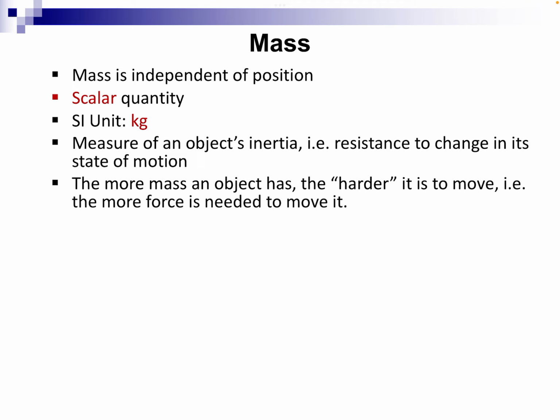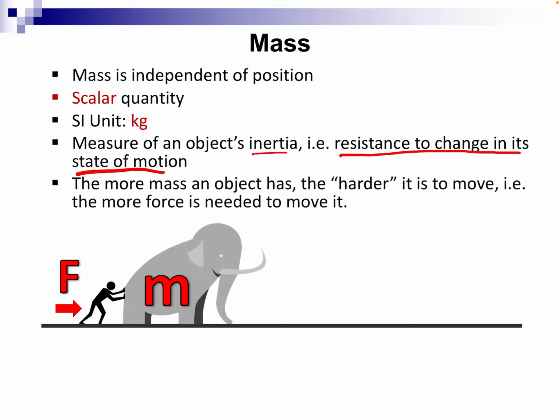Mass is a measure of the object's inertia. When we say inertia, it's the resistance to the change in its state of motion. The more mass the object has, the harder it is to move, and therefore the more force is needed to move it.